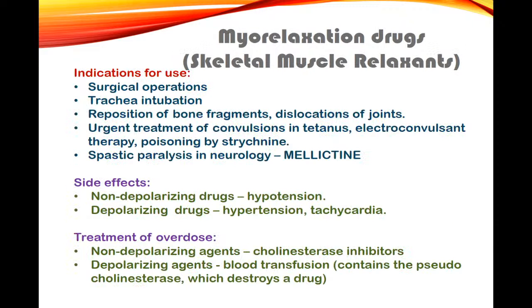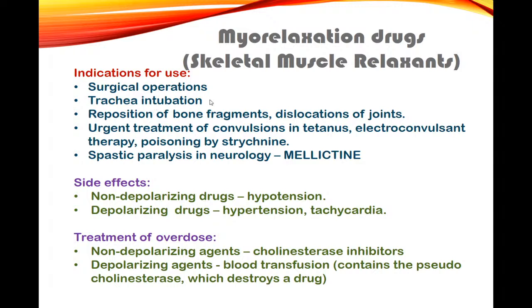For what do we use these drugs? First of all, trachea intubation. For artificial ventilation, or for inhalation general anesthesia, we should introduce tube in trachea.